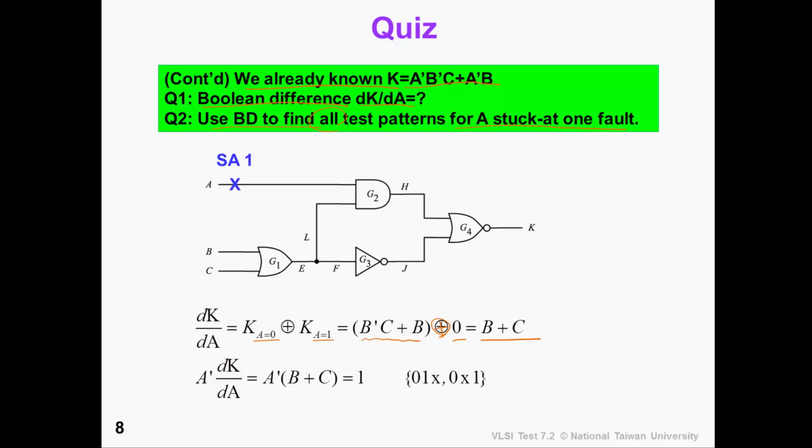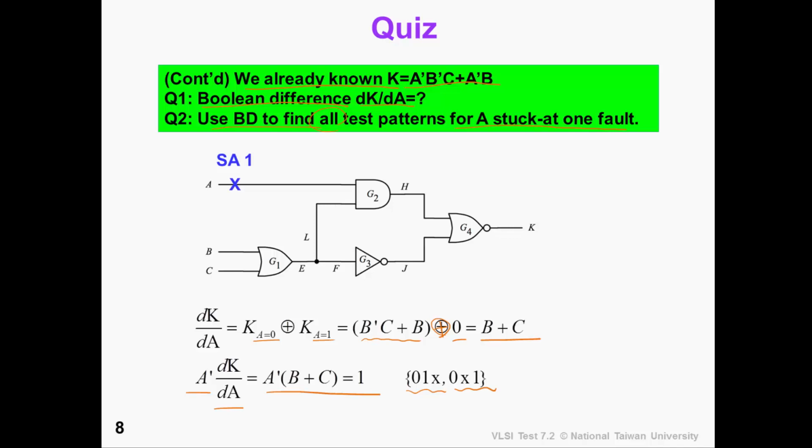If we want to find all the test patterns to detect A stuck at 1, then we take the Boolean difference dK over dA times A prime. So we will get this equation. So we find 01x or 0x1, they can detect A stuck at 1.